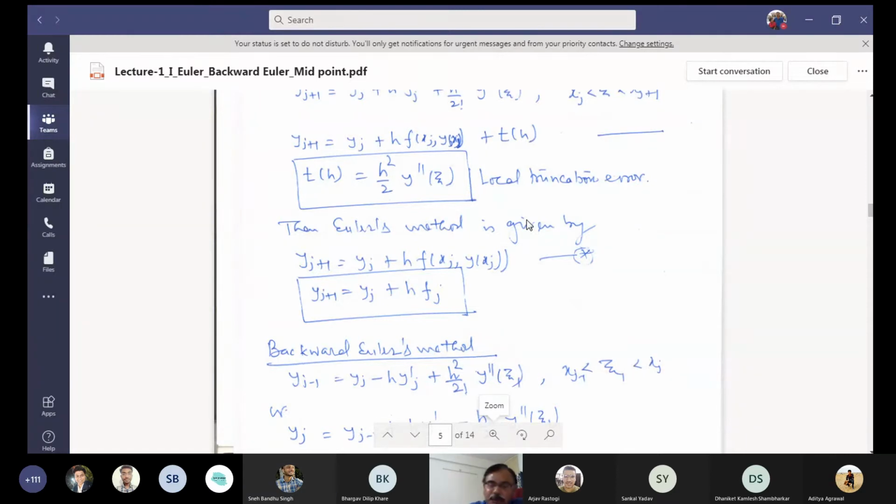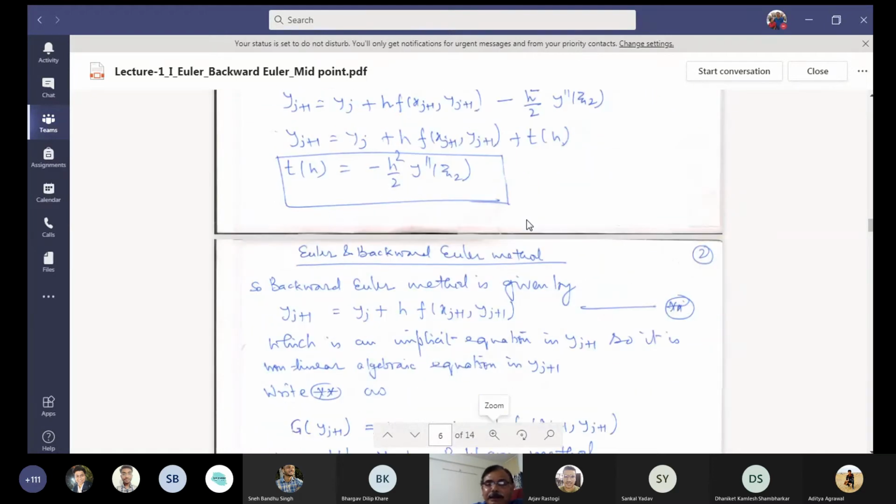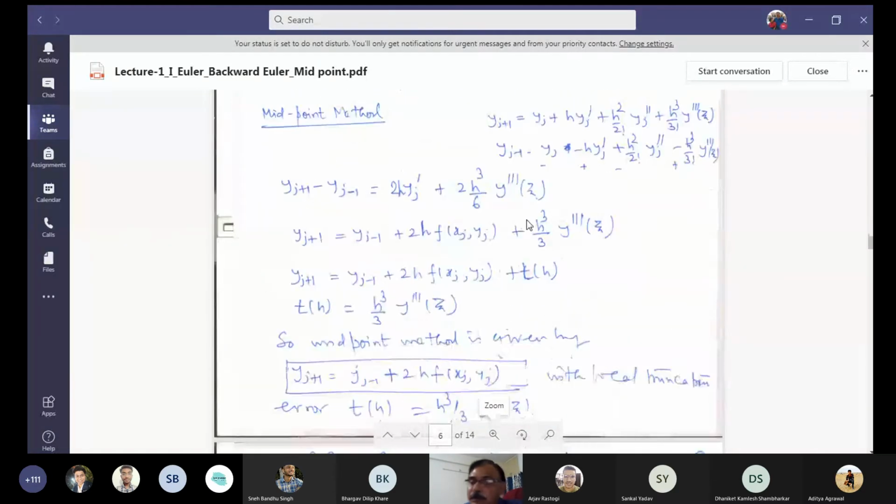Now you go to the midpoint method. In the midpoint method, the local truncation error is h cube by 3 y triple prime. Is that right? So what will be the order of the local truncation error if y triple prime is bounded?